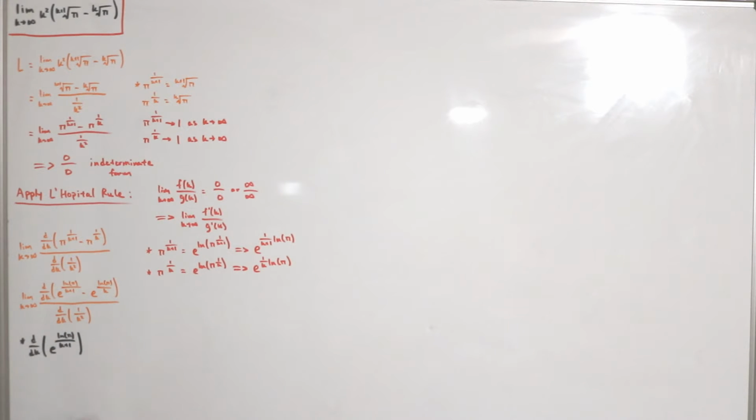Okay, so you know that the derivative of e to the power x, where x is some variable, is defined as the same thing, e to the natural log of pi divided by k plus 1, and then that's multiplied by the derivative of our exponent. So the derivative of the natural log of pi divided by k plus 1.